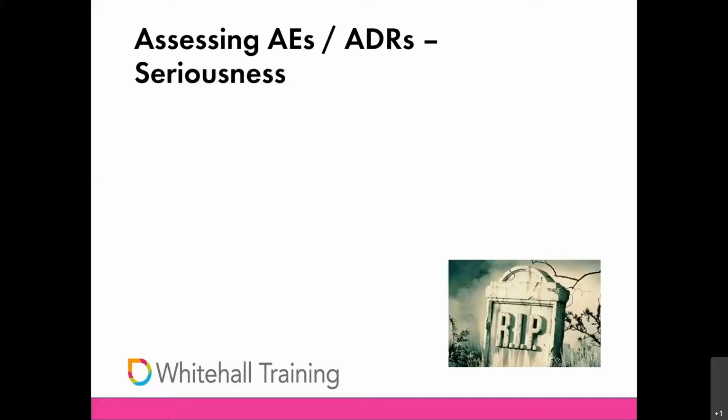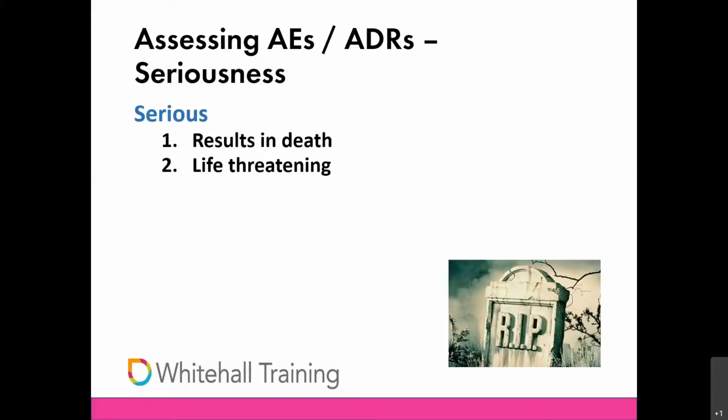Well, as the RIP headstone makes it quite clear, results in death is number 1 serious adverse event, and I'm sure everyone would agree with that. Next is life-threatening. By that we mean any adverse event that places a patient or subject, in the view of the investigator or GP or whoever, in immediate risk of death from the reaction as it occurred.